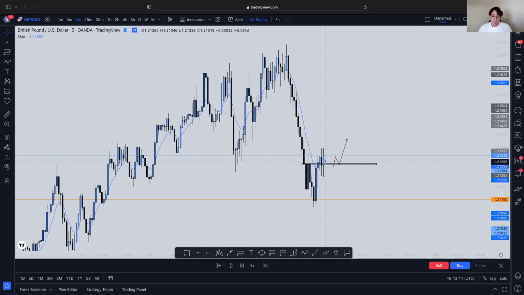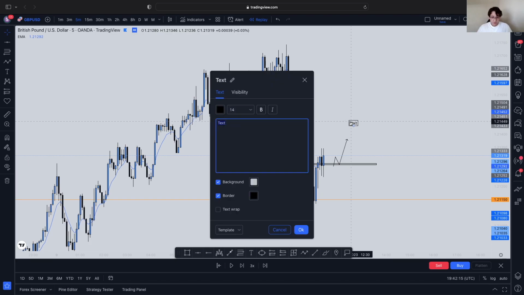So what is the confirmation that we got? The first confirmation is that price is now trending bullish. Number one is price bullish trend. The second one is price broke above resistance and rejected, holding above as support.